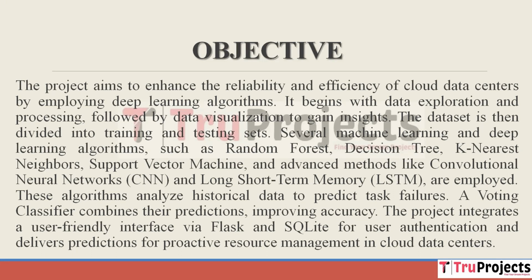To forecast task failures, these systems use sparse data. Their predictions are combined by a voting classifier, increasing accuracy. The project provides predictions for proactive resource management in cloud data centers and includes a user-friendly interface through Flask and SQLite for user authentication.